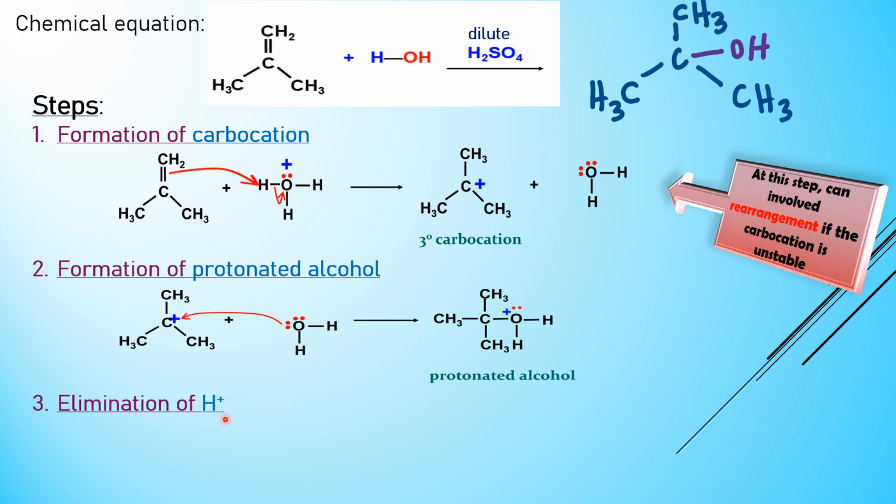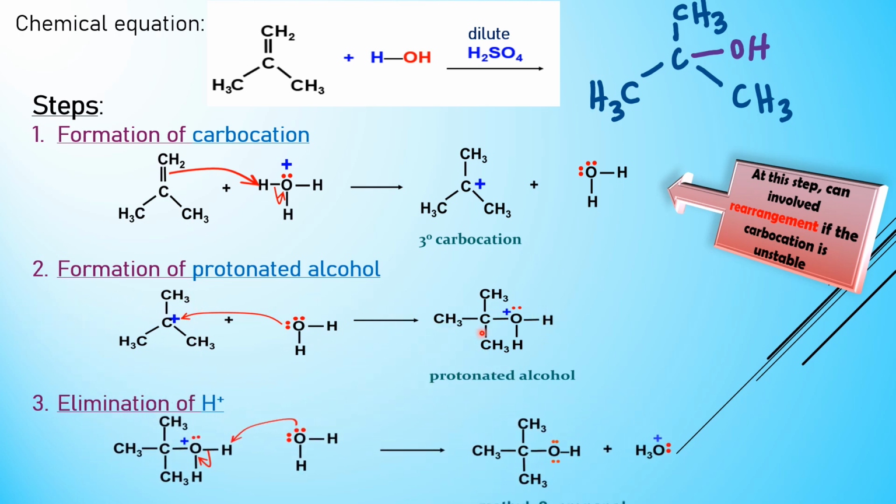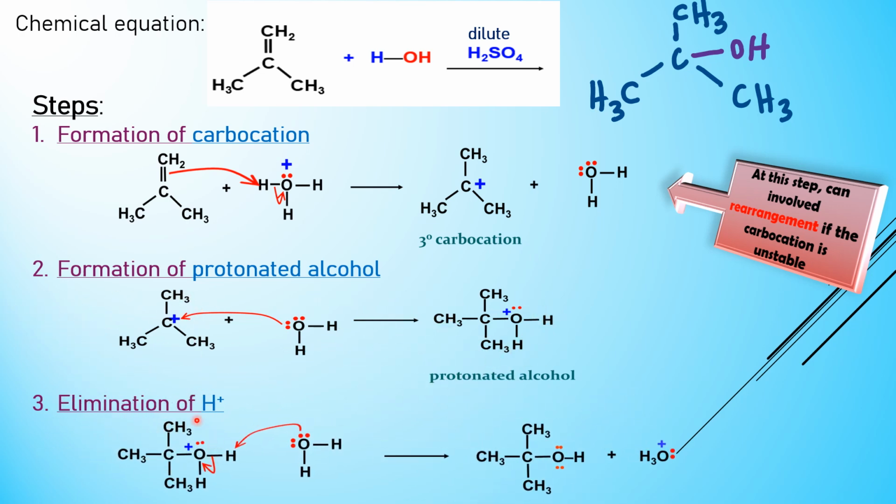Why eliminate H+? Because we want to form an alcohol. How many H does the alcohol's OH have? Only one H. That means one of the hydrogens from the protonated alcohol will be eliminated in the third step. So we use the product formed from the second step in the third step.